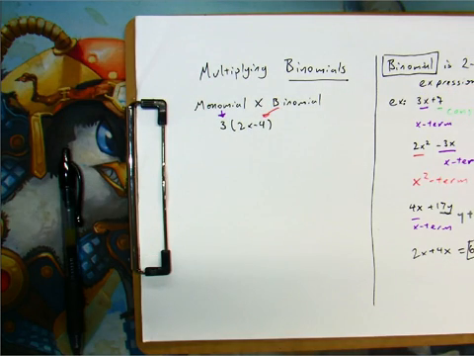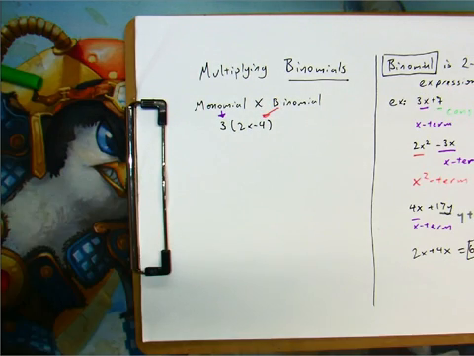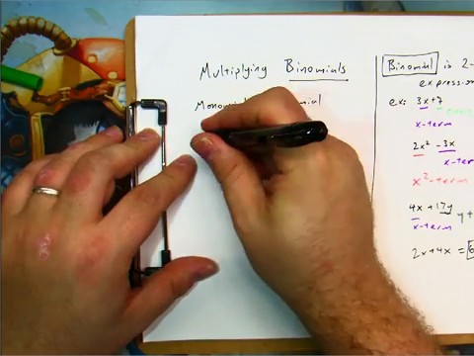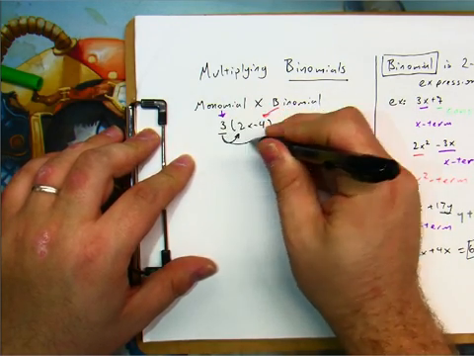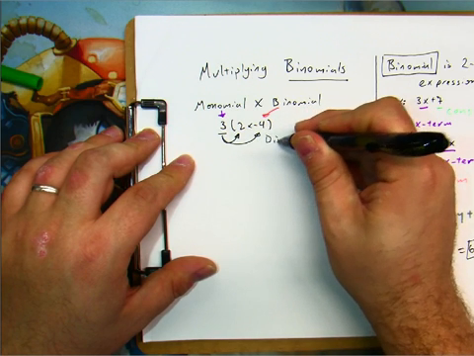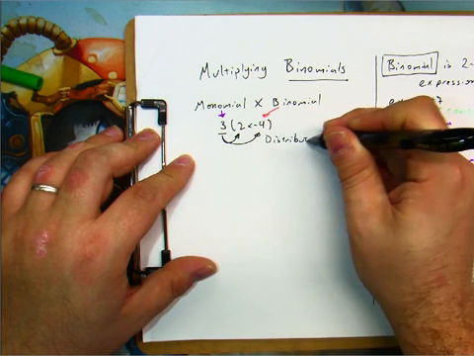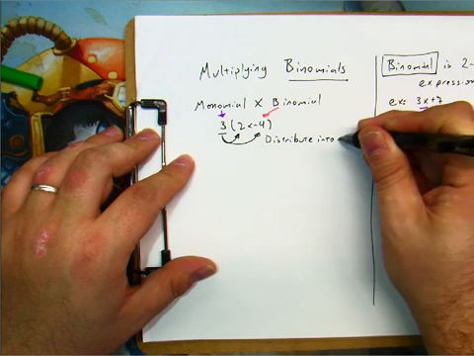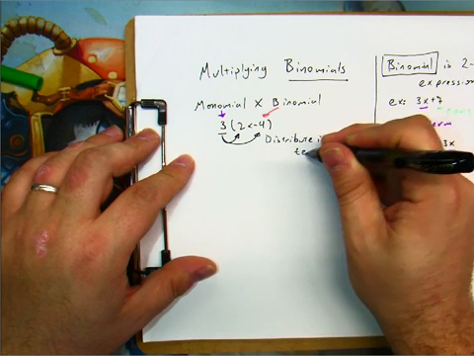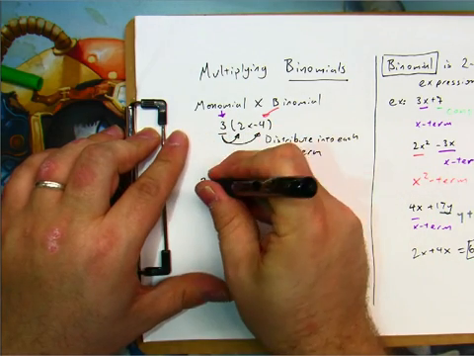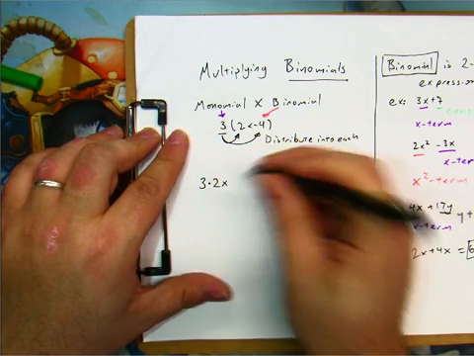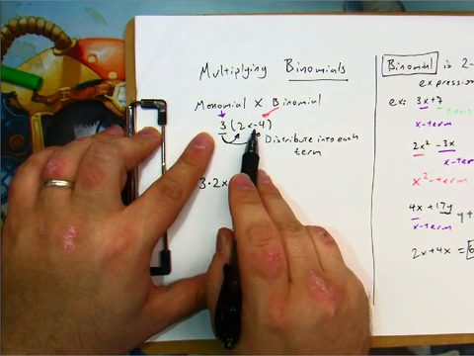Okay? And when I do a monomial times a binomial, that's telling me to distribute. So I'm going to distribute this 3 into each term. So what I end up with is 3 times 2x, and then 3 times a negative 4.